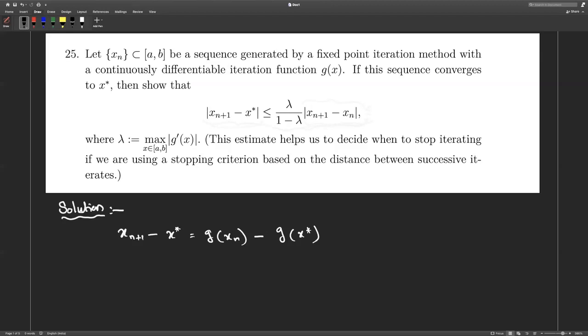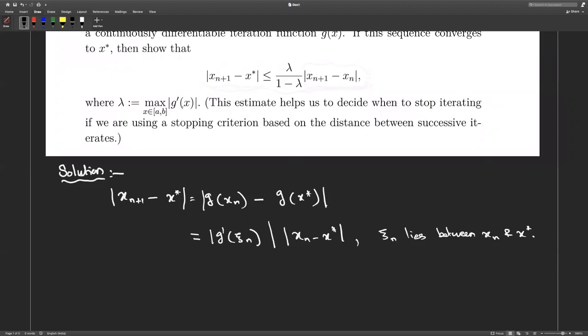Now take modulus on both sides and use the mean value theorem. You will get mod g dash of some xi n, where xi n lies between xn and x star, right? We have taken the maximum of g dash to be lambda. Therefore, we can write this as less than or equal to lambda times mod xn minus x star, right?